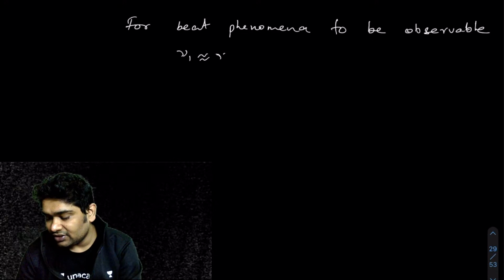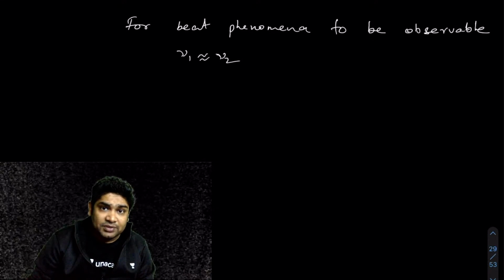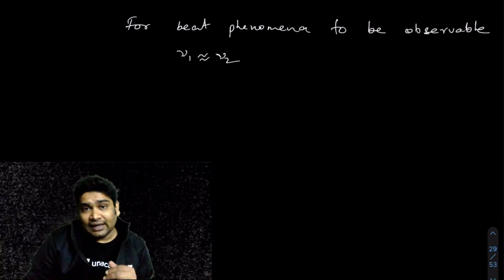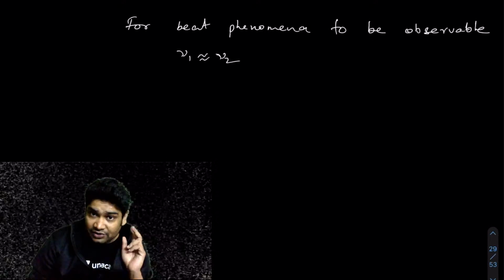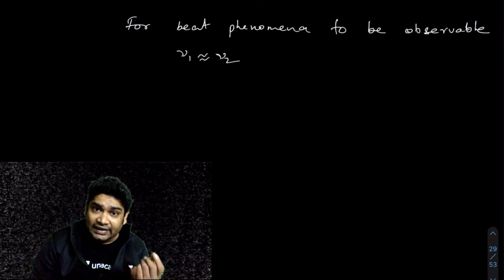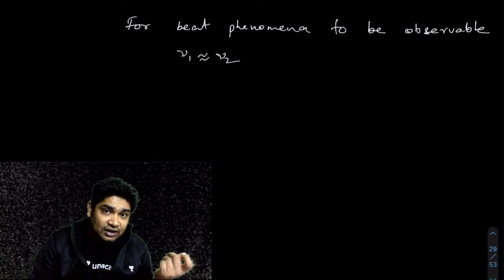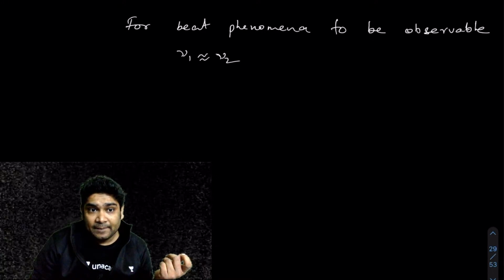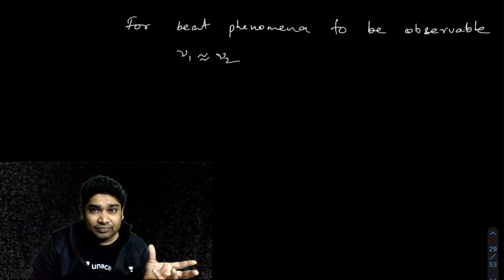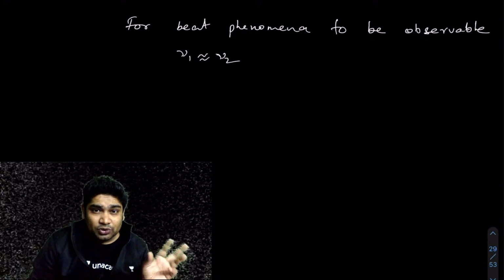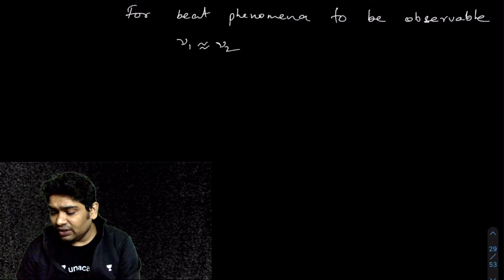That is the basic premise for beat phenomena to be observable. I'll tell you why: nu 1 minus nu 2 is the beat frequency, and your human ears cannot detect more than 10 beats per second, more than 10 variations per second. You will in fact hear a constant sound. So you want the difference between nu 1 and nu 2 to be less than 10, usually, otherwise you won't be able to hear this.